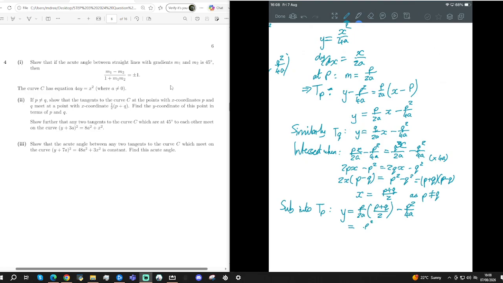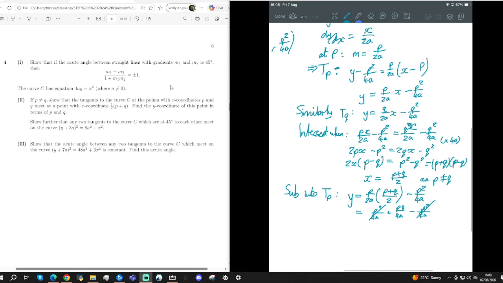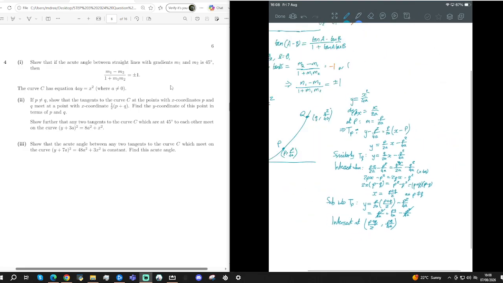It kind of looks like it's going to be. So it's going to be P squared over 4a plus PQ over 4a minus P squared over 4a. The P squared over 4a's cancel. I'm left with that. So we intersect at P plus Q over 2 as my x coordinate and PQ over 4a as my y coordinate.